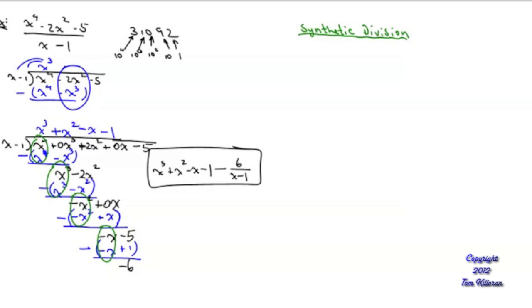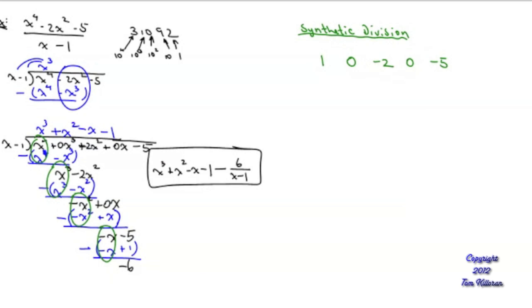So here's what we're going to do. We're going to take the x to the fourth, x squared, and minus 5, and write it out in a positional place value system. In other words, we need those zeros. And I'm going to ignore the x's completely. So the coefficients are 1, 0, negative 2, 0, and negative 5.